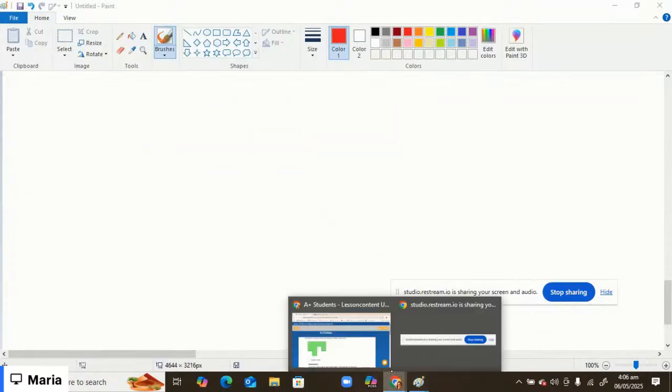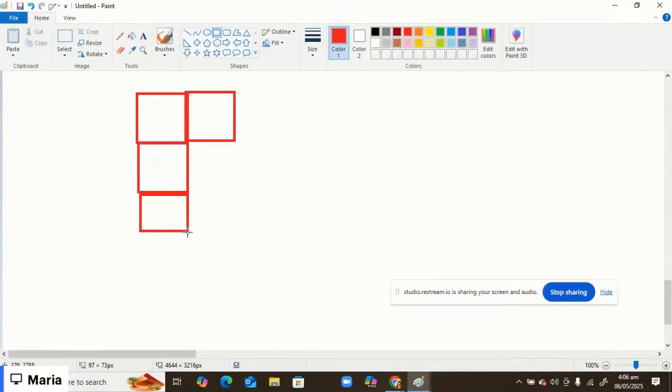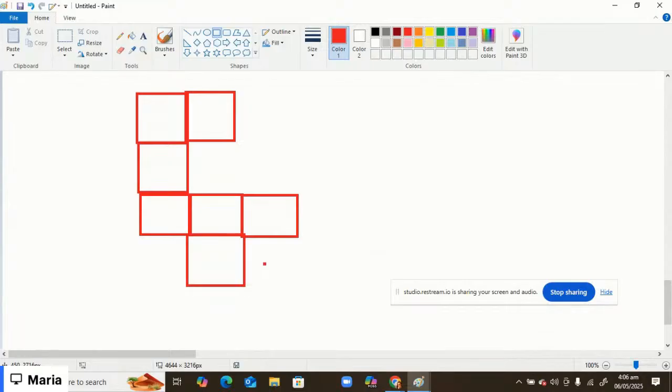All right, now let's do some other shape. Now you guys tell me how many square units the area of this one is. Count it and then tell me.